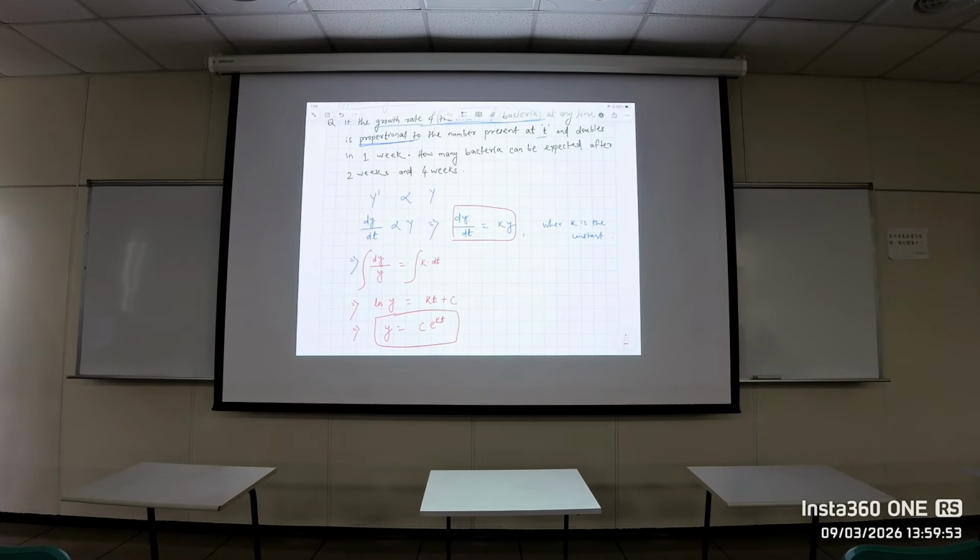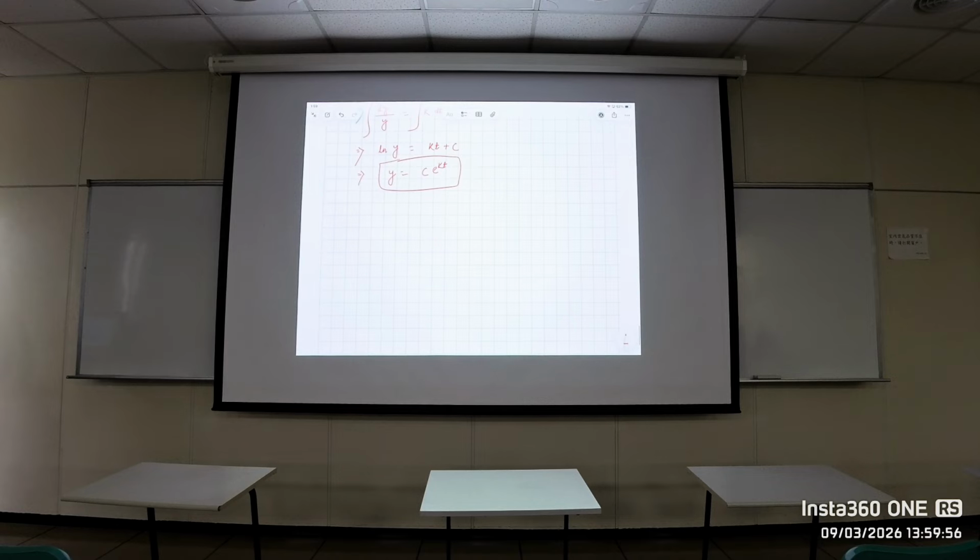That means I can redefine this one like this. Let's say at t is equal to 0, I can write y is equal to y0. Assume. Okay? Then at t is equal to 7, y is equal to 2y0, right?